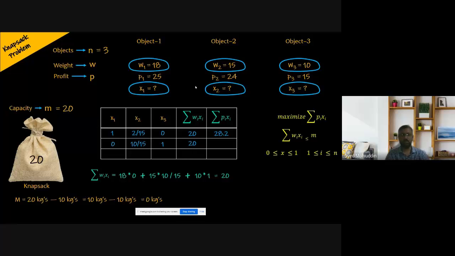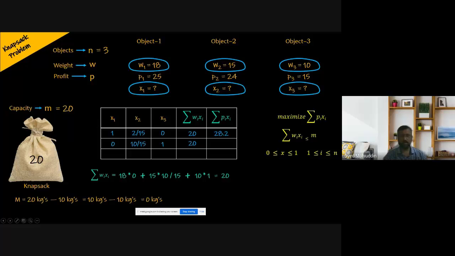So what we will do is use object 3, which is the lowest weight, and fill everything up with object 3. When we fill all of object 3 in the sack, we get fraction 1. So 20 minus 10 is 10, so 10 will be remaining.